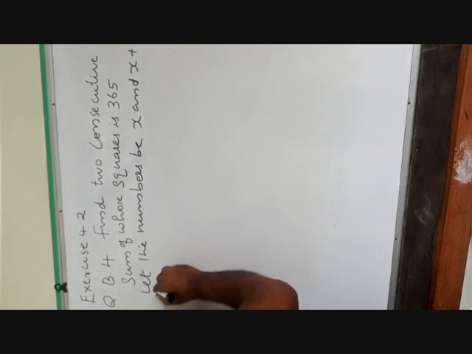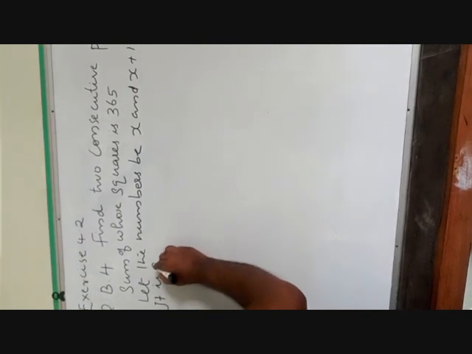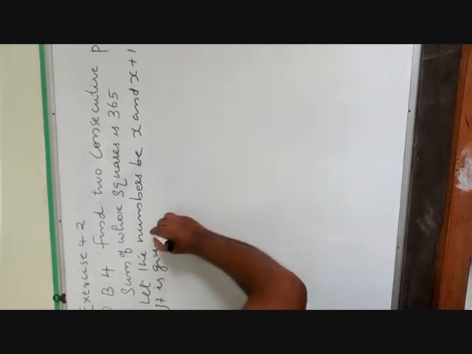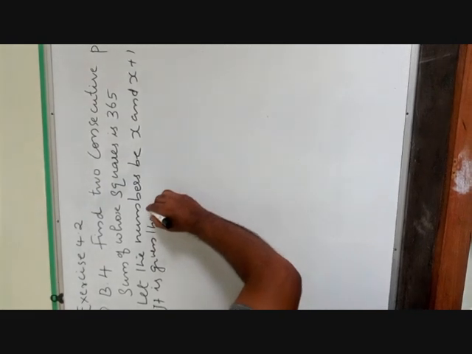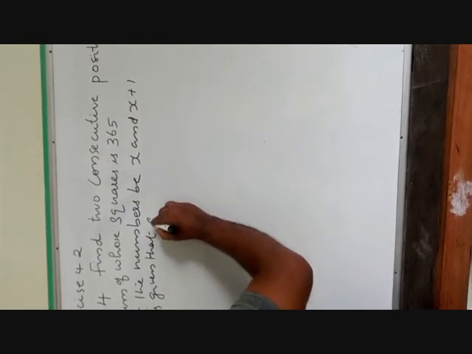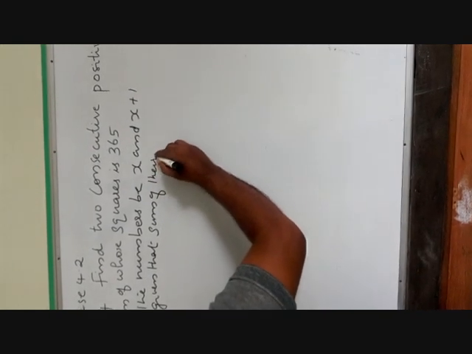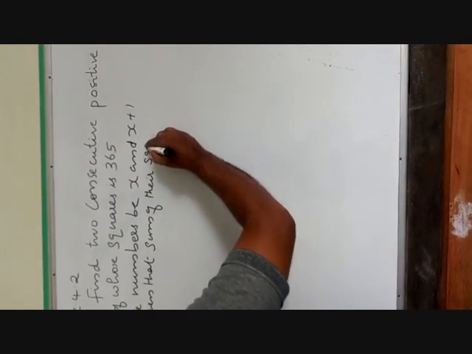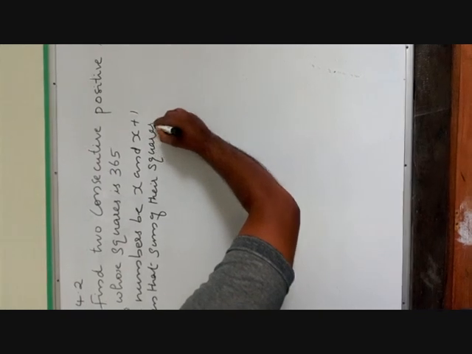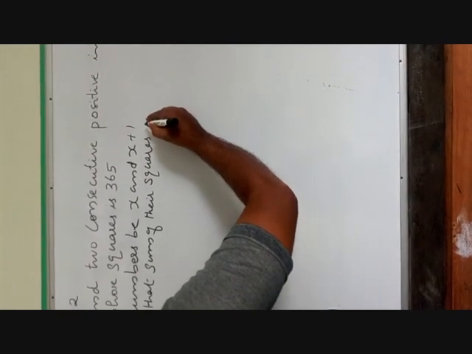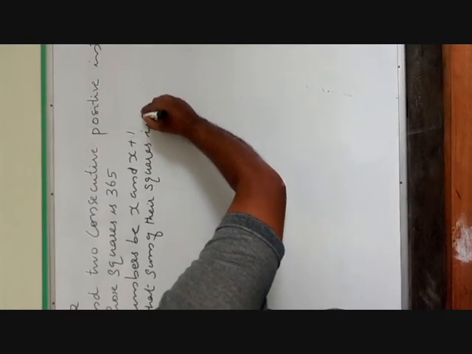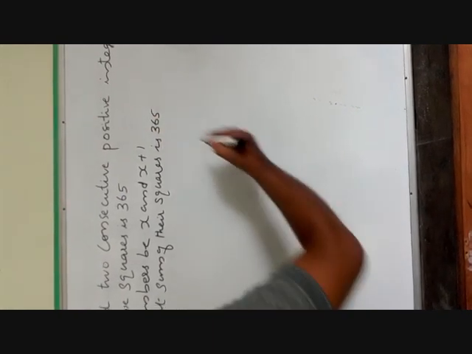We can write here, it is given that sum of their squares is 365.